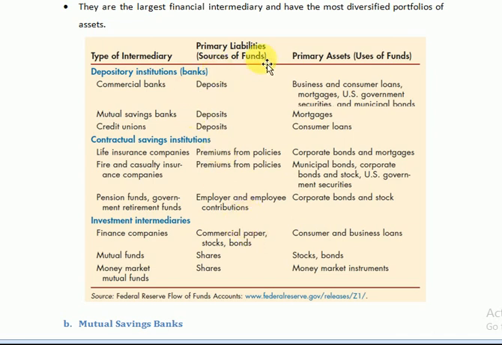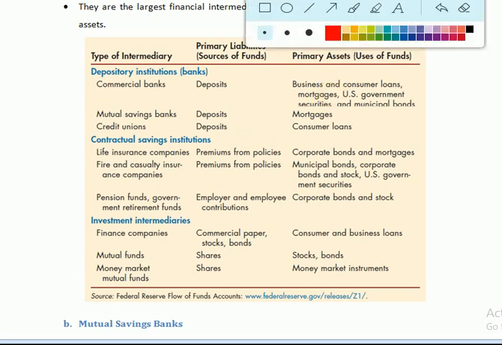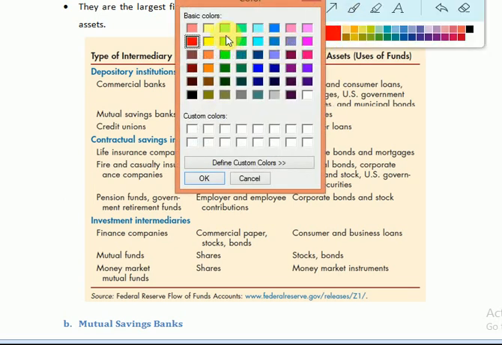Look at this one. This is a type of intermediary, the depository institutions. This is the source from where they generate funds and where they can use it. First one is commercial banks. What is their main source of generating funds?